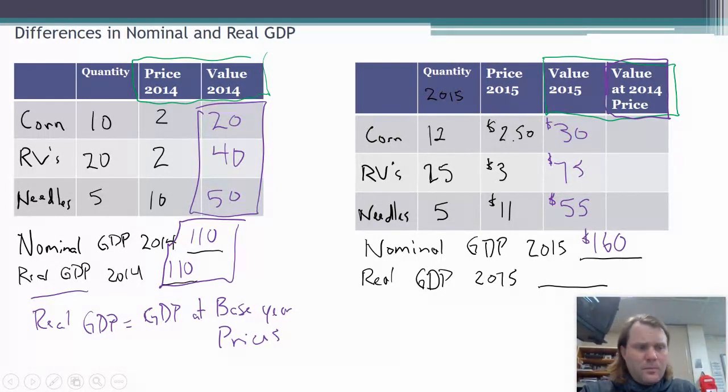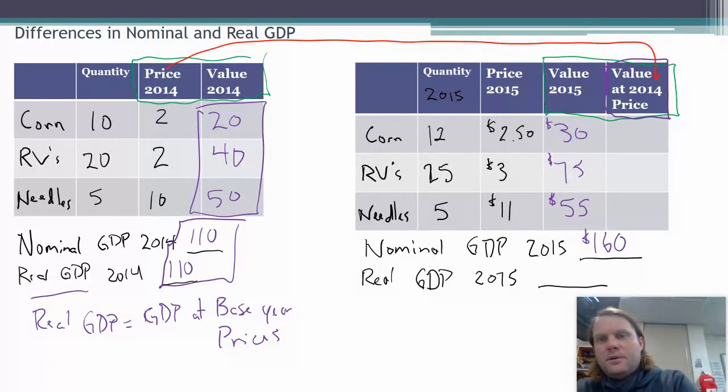Now, it doesn't tell us the whole story. We can tell that these prices have changed from one year to the next, and we have produced more stuff. So what we've got to do is take the 2014 prices and apply them to our quantities.